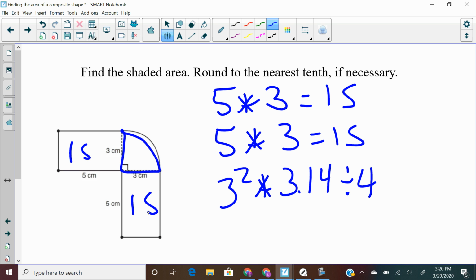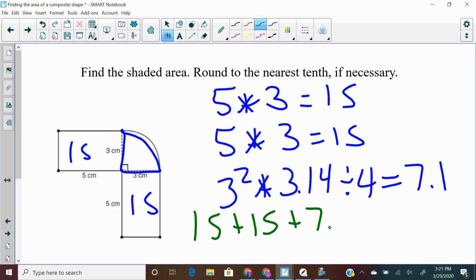For the quarter circle, I get, rounding to the nearest tenth, 7.1 because it was 7.065. Adding them all together, it equals 37.1 centimeters squared.